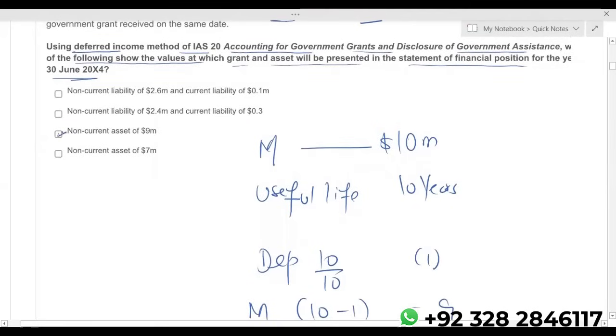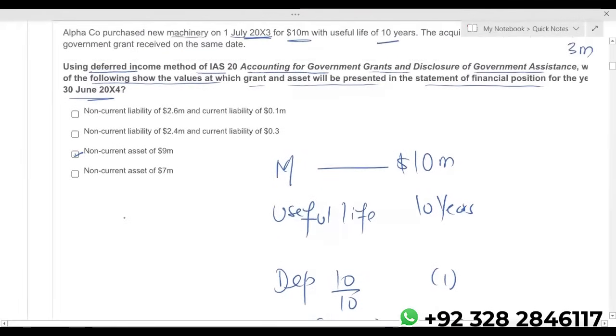After 1 year, of course, the value of the machine, non-current asset, will be 9 million. Number 2, the government grant is 3 million. And this 3 million will be amortized over 10 years. So amortization of government grant, 3 divided by 10, 0.3.